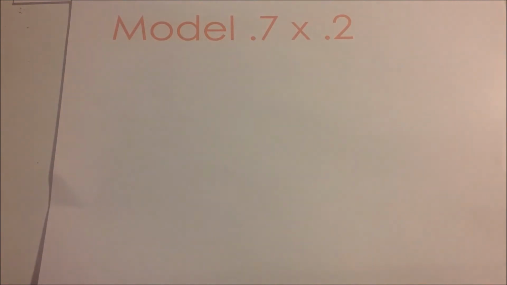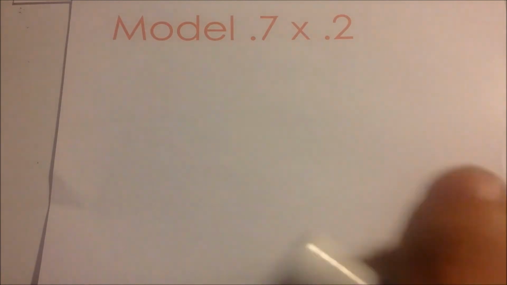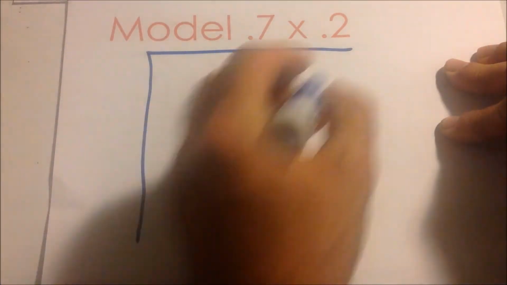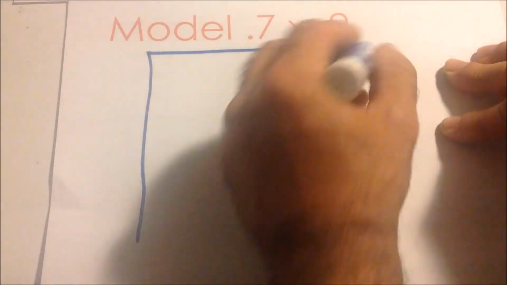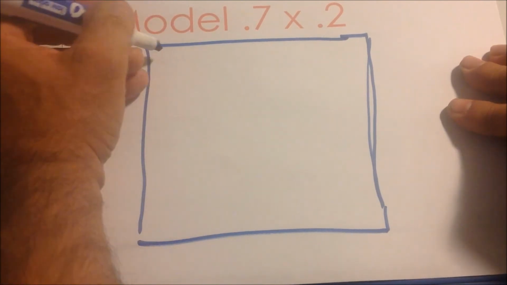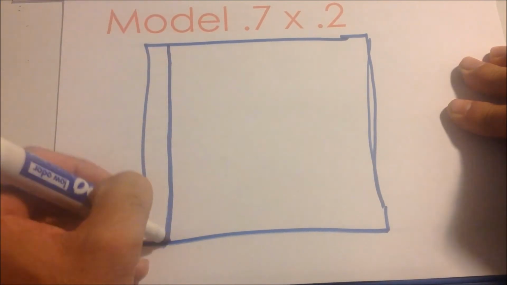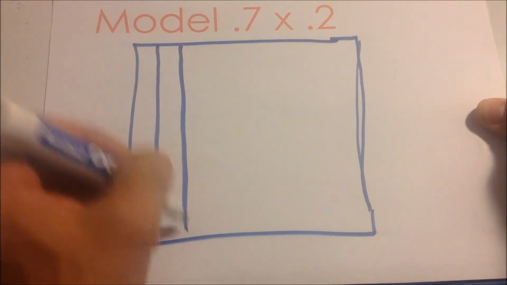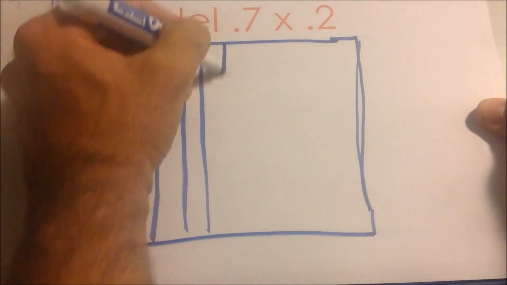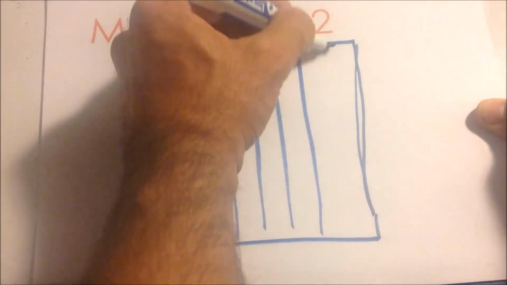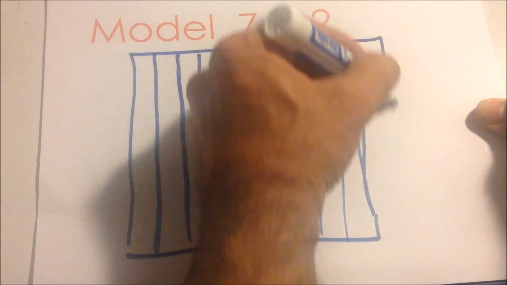So again, the first thing you do, make a square. Well, let's use blue. Make a blue square. Actually, it's a square because it's 10 each side, right? So we want to make 10 boxes, so that means 9 lines. 1, 2, 3, 4, 5, 6, 7, 8, and we need one more, right?